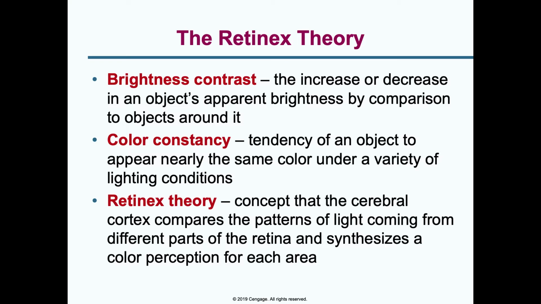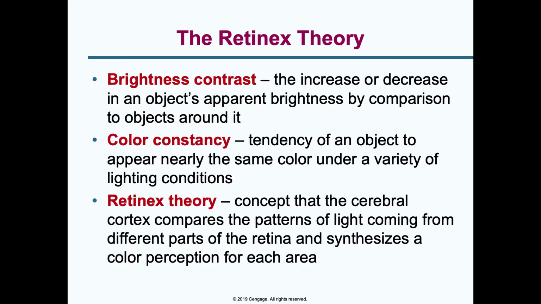When we're looking at something, whether on a piece of paper or in our environment, how bright it appears is based on how we see things around it. And the color constancy concept asks, does the brightness change based on the objects around it, or does it stay nearly the same? That's the idea of these two concepts.